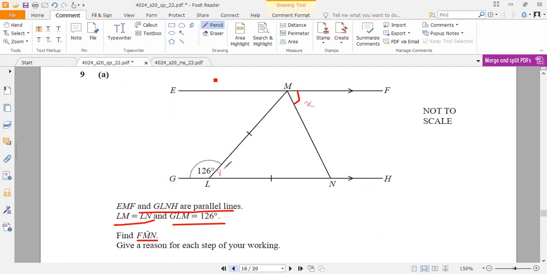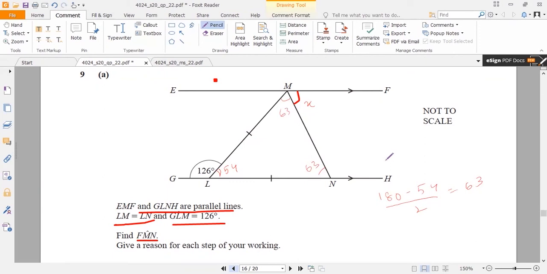So it will be 54 degrees. And by applying the property of isosceles triangle, I will get these two angles as well, because these two lines LM and LN are the same. So it will be 180 minus 54 divided by 2, we will get 63. 63 and 63. Now these two lines are straight and parallel as well.